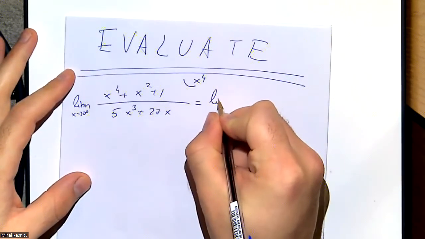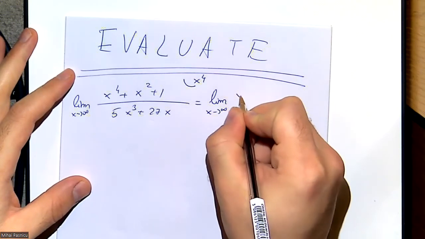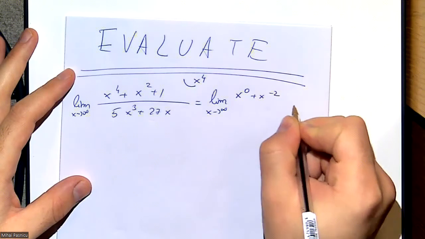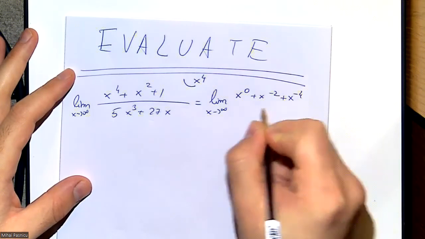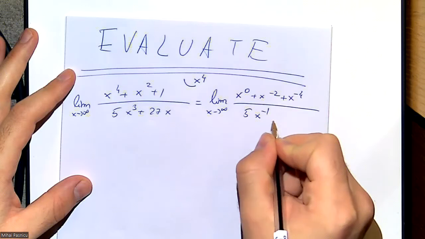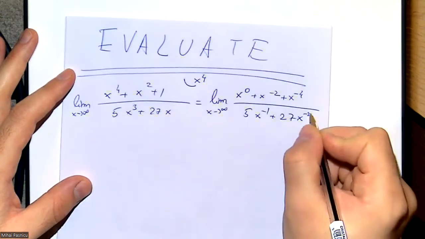And I get the limit as x goes to infinity, and you get, again, all these powers: x to the 0, x to the minus 2, x to the minus 4 over 5 x to the minus 1, 27 x to the minus 3.